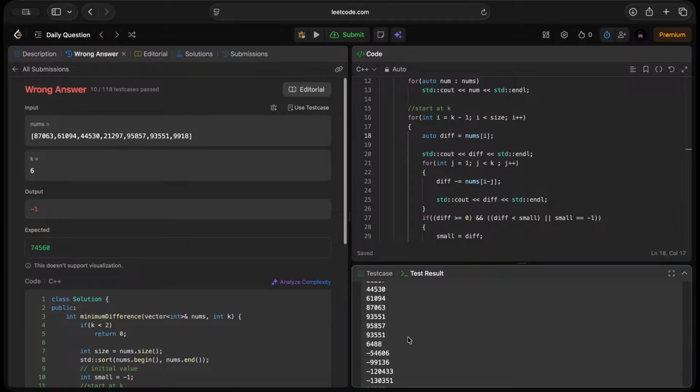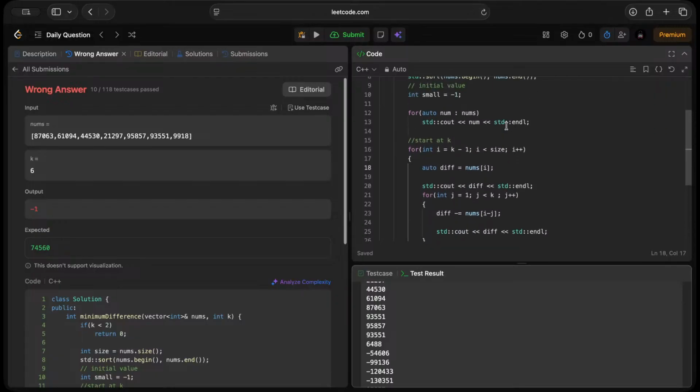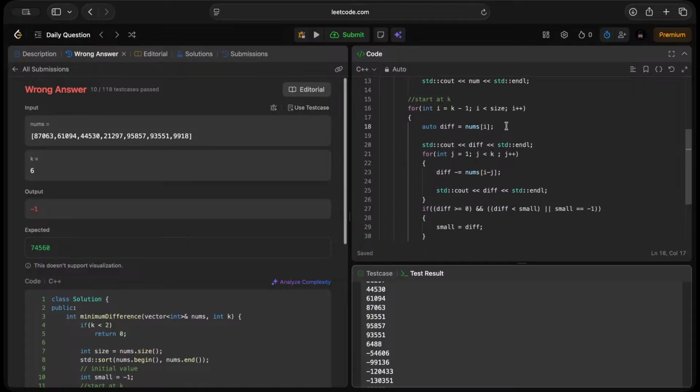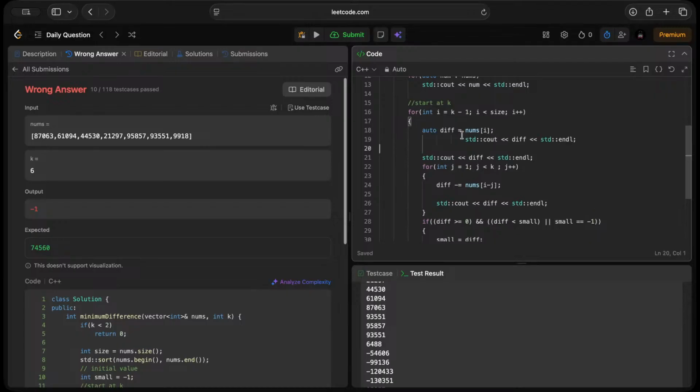Does that do any difference? No. Okay, I'm not quite sure what's going on here.